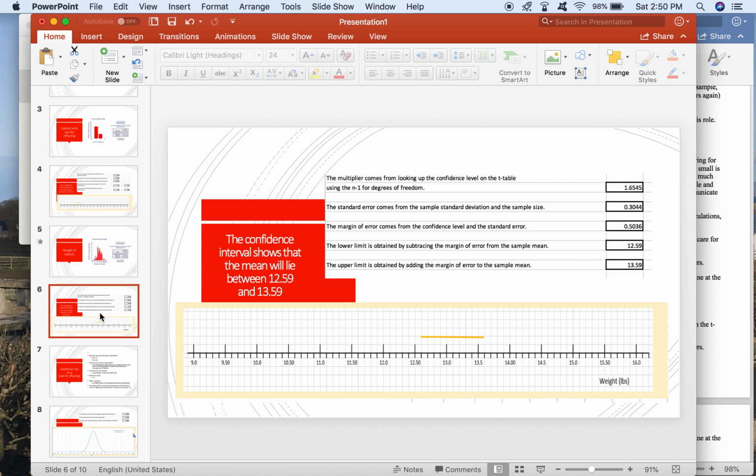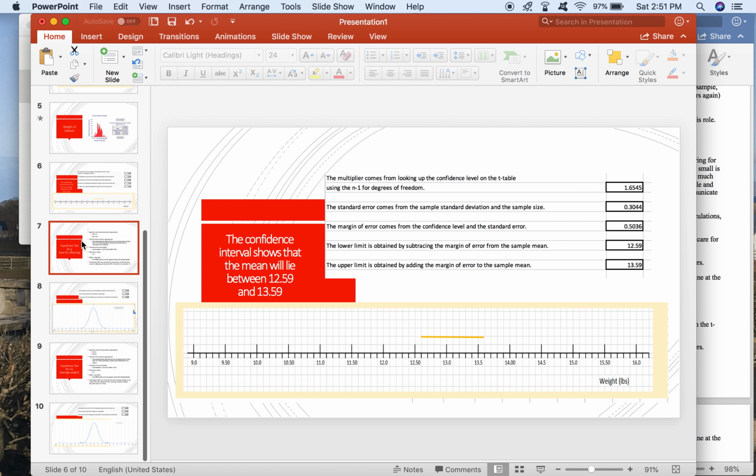For the confidence interval, the multiplier is 1.6545. The standard error is 0.3044. The margin of error is 0.5036, and the lower limit is 12.59, and the upper limit is 13.59, and the confidence interval shows that the mean will lie between these two weights.